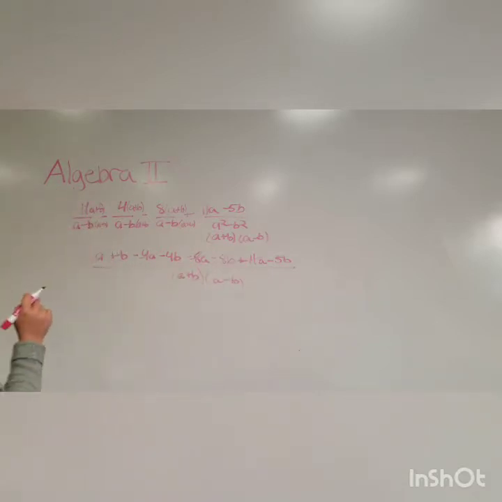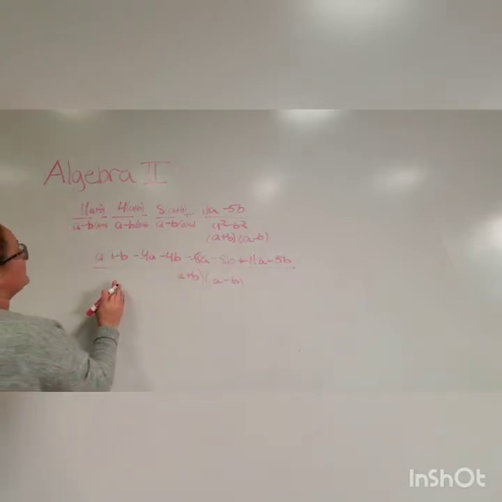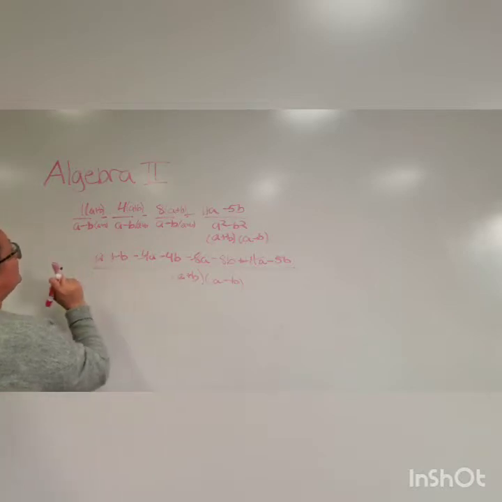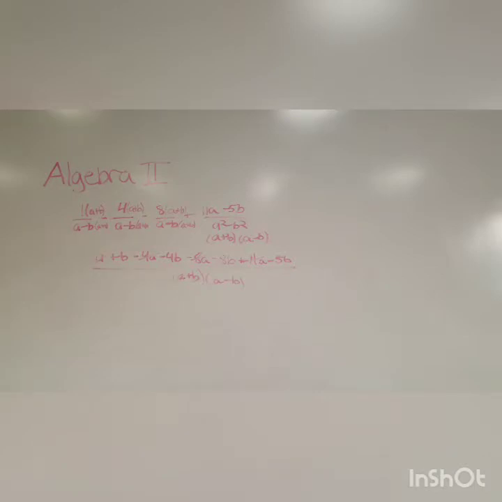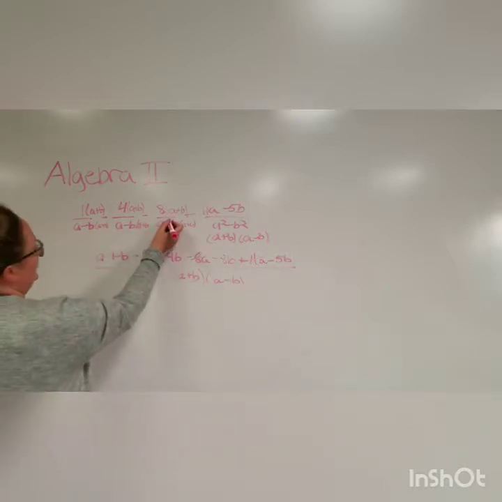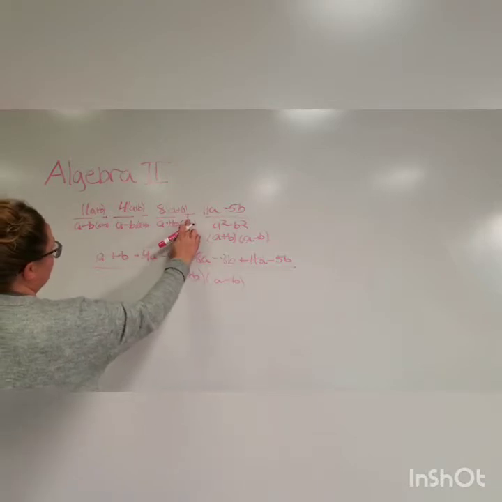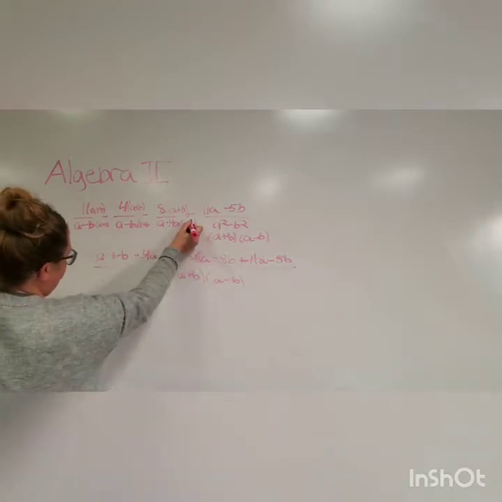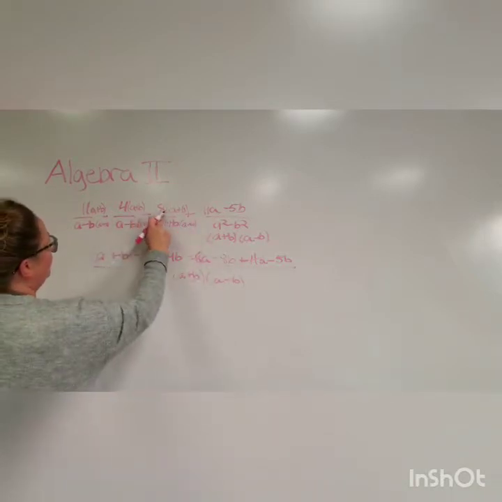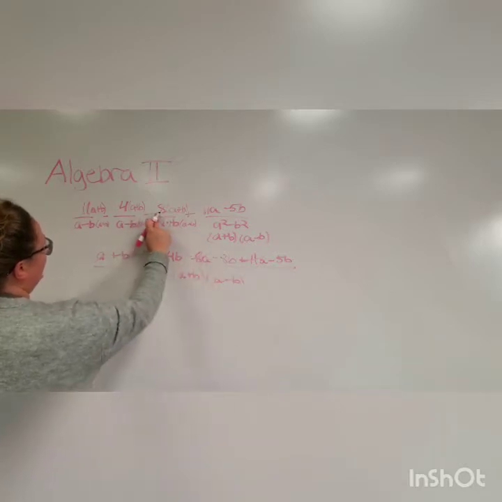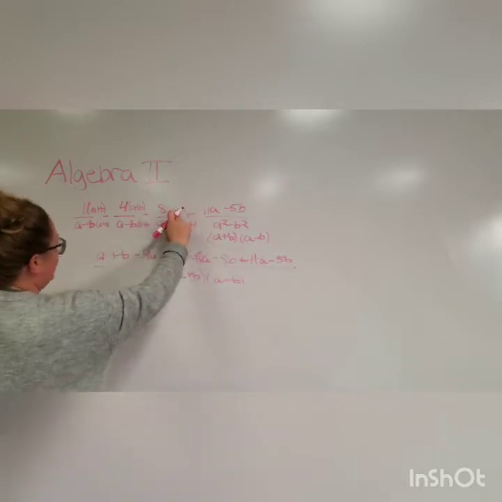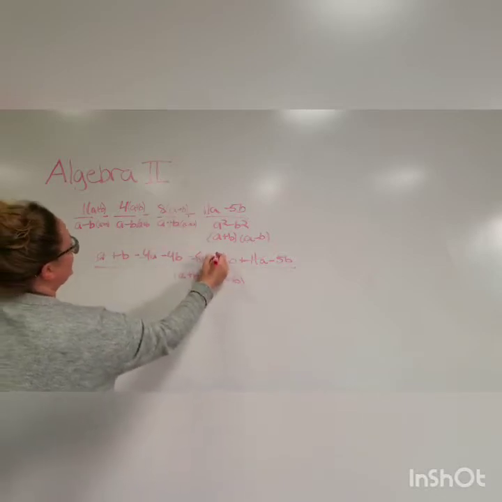Next, we have, I wrote this wrong. This one should have been A plus B, which would make this A minus B. And when you do that, negative 8 times A would be negative 8A, but negative 8 times negative B would be positive 8B.